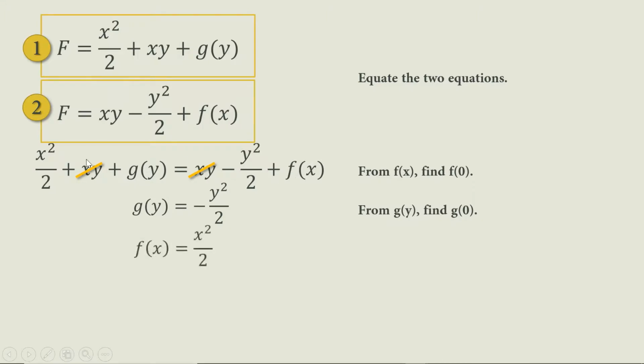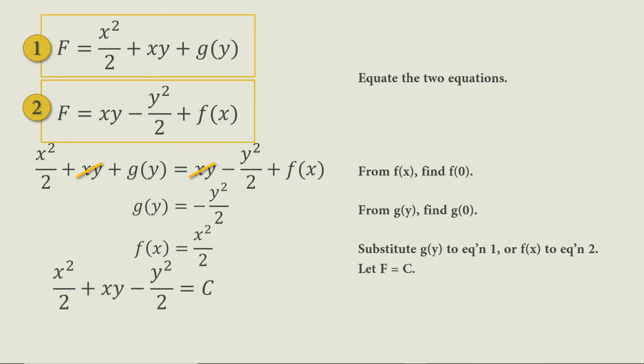So f of x is equal to x squared over 2. And then substituting gy to equation 1 or f of x to equation 2 and let f is equal to c. So now I am going to use the equation 1, which result to x squared over 2 plus xy minus y squared over 2 is equal to c.